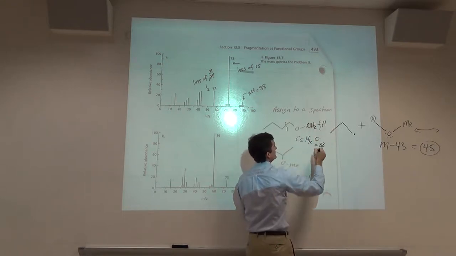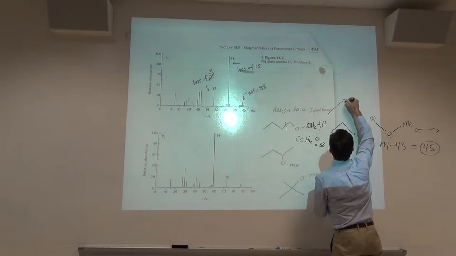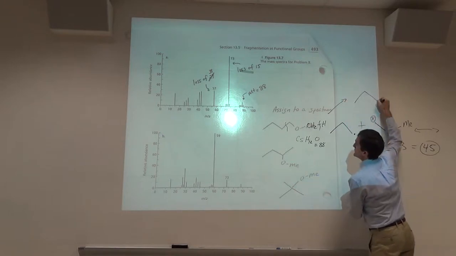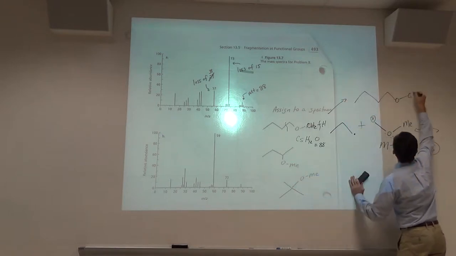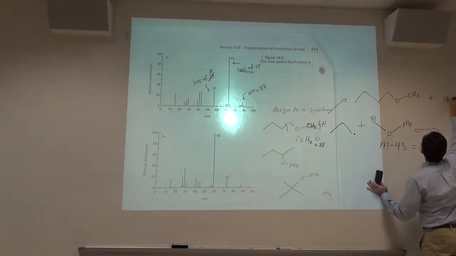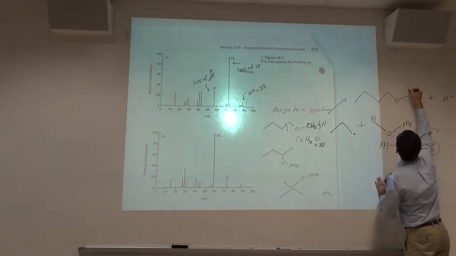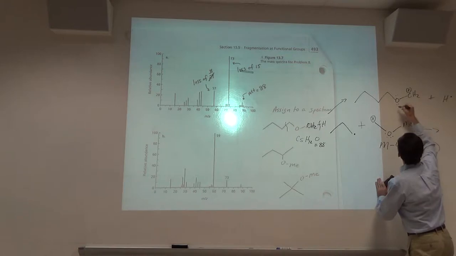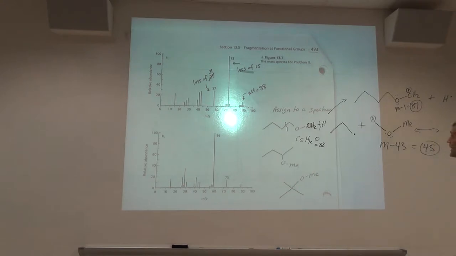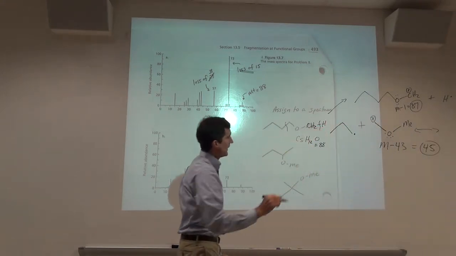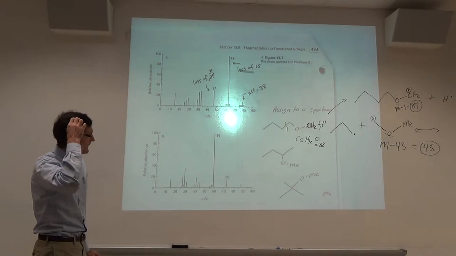We can cleave the H, and we could get OCH2 plus H radical. That cation is resonance stabilized. This would be M minus 1 equals what, 87? So, alpha cleavage would give 87 and 45 for the first one.